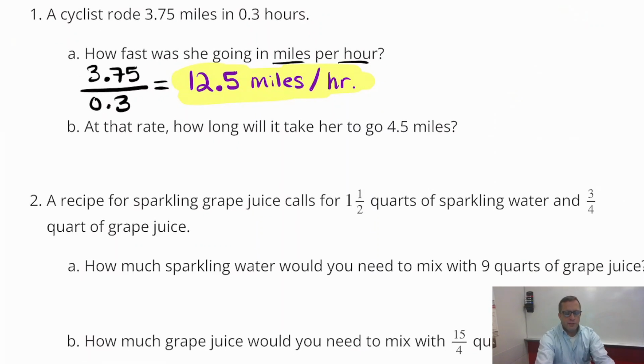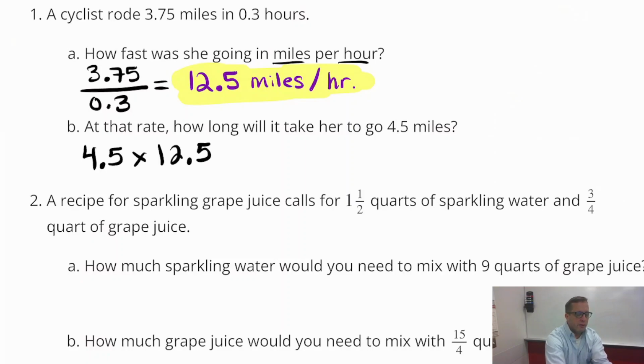At that rate, how long will it take her to go 4.5 miles? So, now that we know her unit rate, now that we know that, we could pretty much figure out anything. So we just have to multiply it by 12.5. So for this one, we're going to do 4.5 times 12.5.